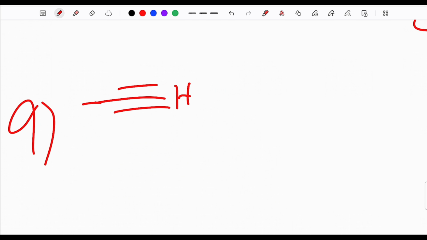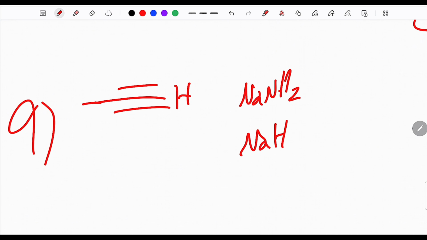So you need a strong base here. You could use a couple of things. One of them is sodium amide. The other one is NaH. And the other one is n-butyllithium.